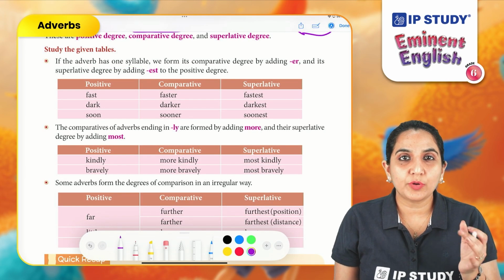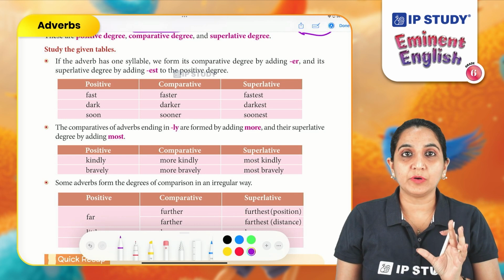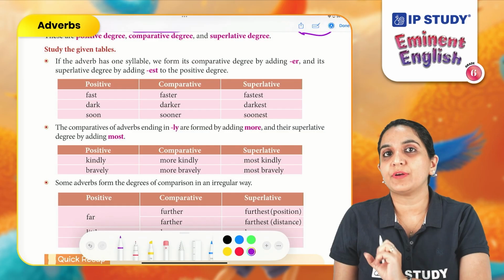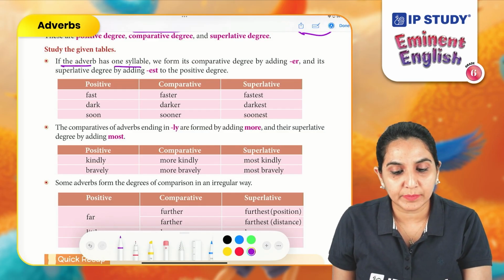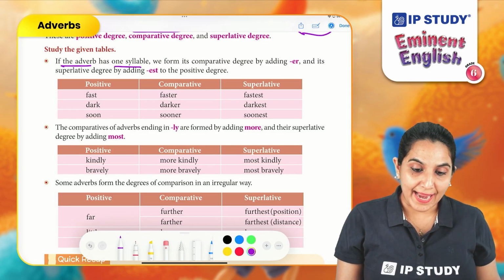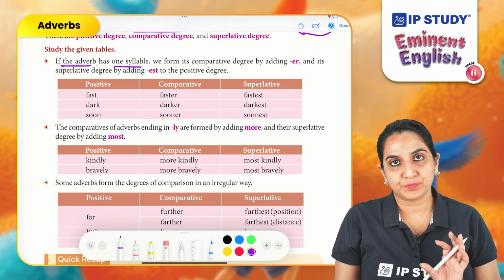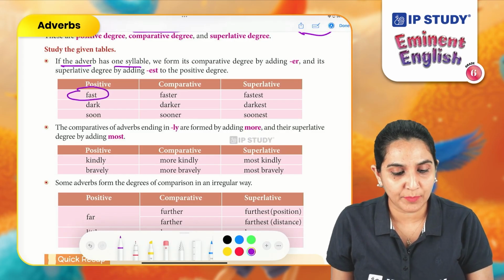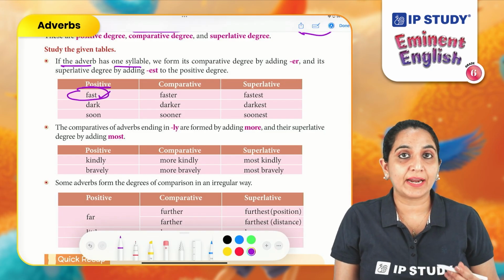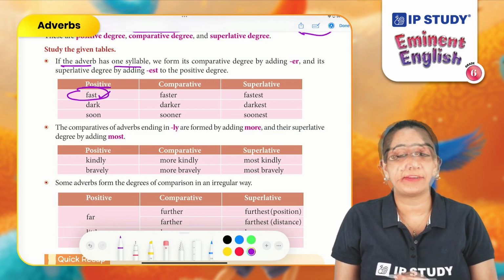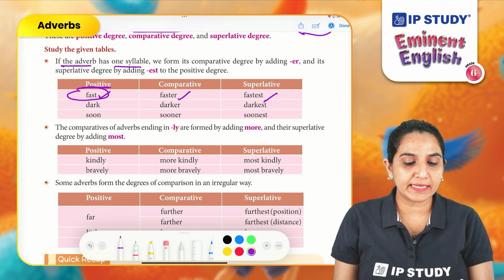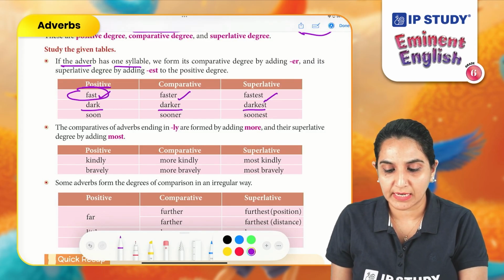So the adverb fast, in the positive degree, has one syllable. While forming the comparative degree, we will add only er, and for forming superlative degree, we will add est. Faster, fastest. Similarly, dark, darker, darkest.